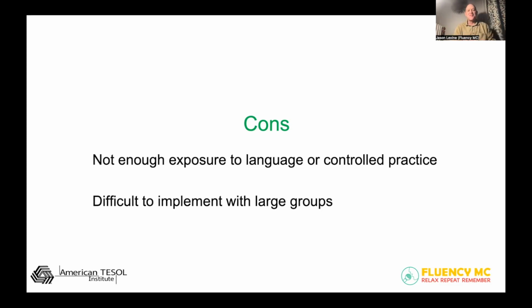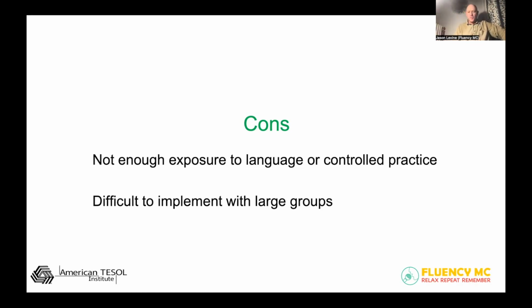If you don't have enough exposure to the language, you're not going to know what naturally is correct and what isn't. Keep all these things in mind when we talk in a bit about other approaches.